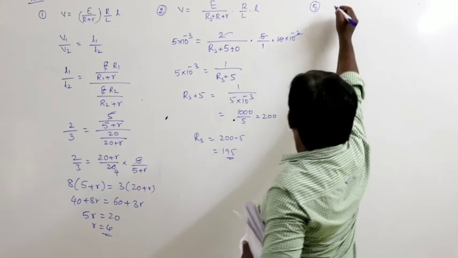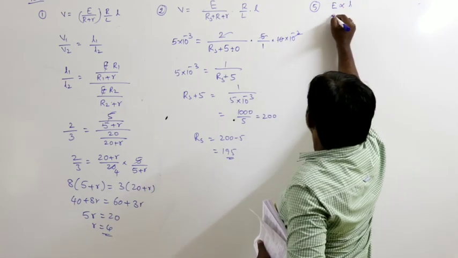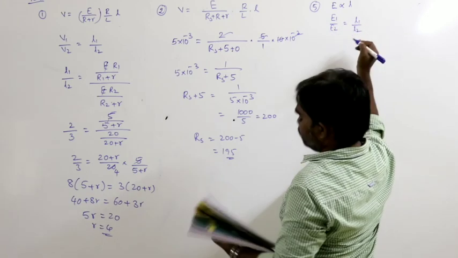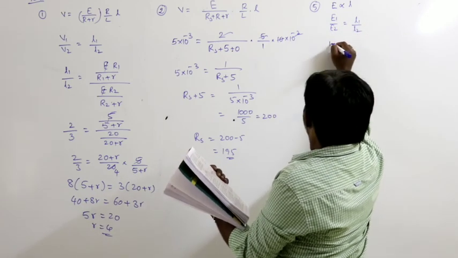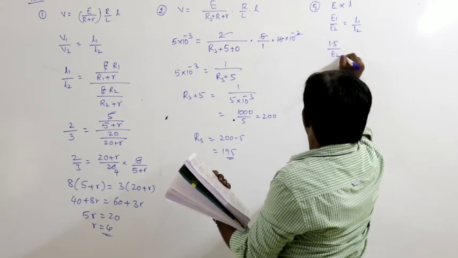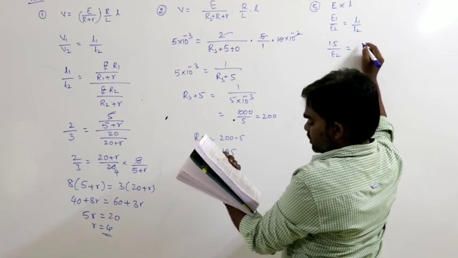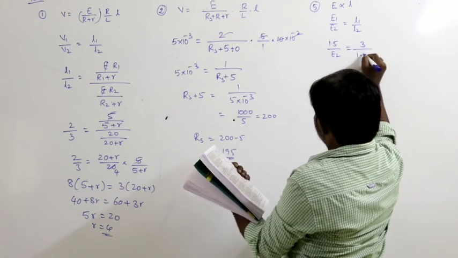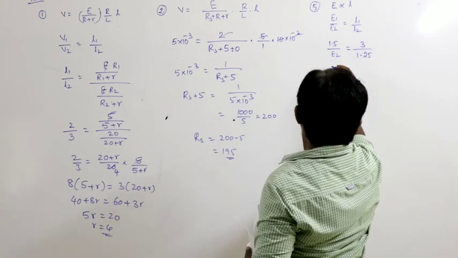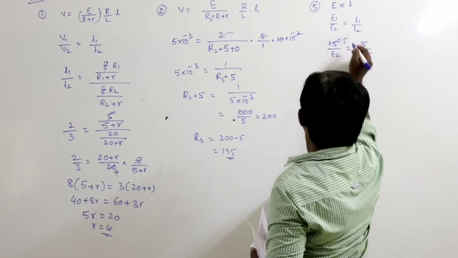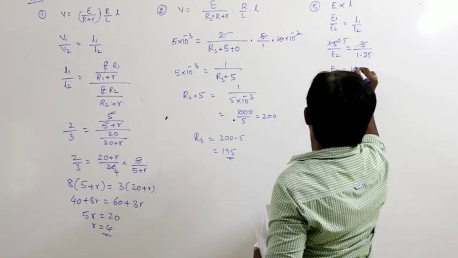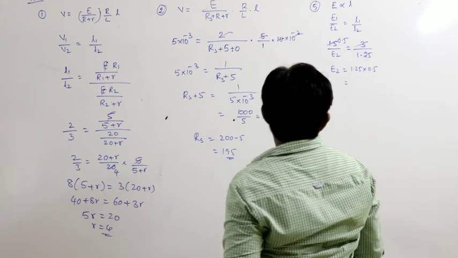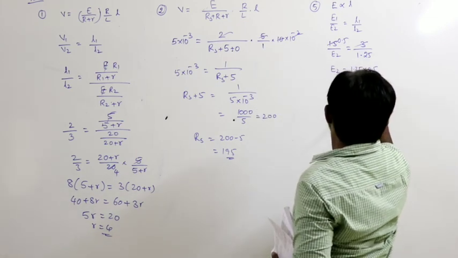So generally we know E is proportional to L, so E1 by E2 is equal to L1 by L2. First, E1 is how much? 1.5 volts divided by E2 is equal to L1, which is how much? 300 centimeters, that means 3 meters, and L2 is 1.25. 3 by 1.25, so E2 is equal to 1.25 into 0.5, that is 0.625.